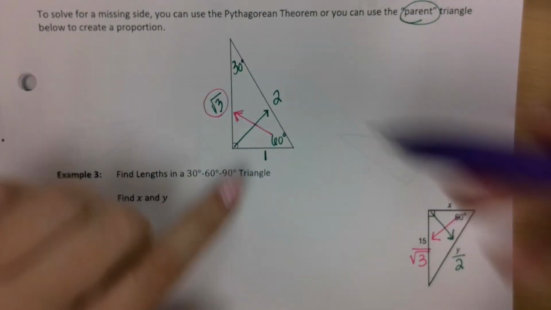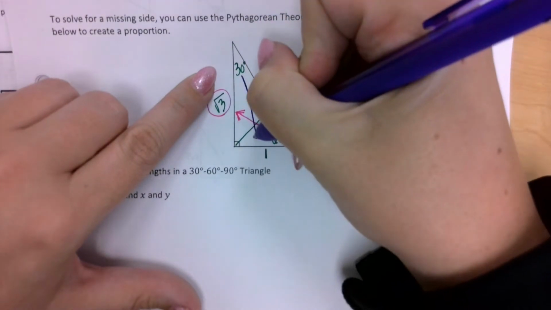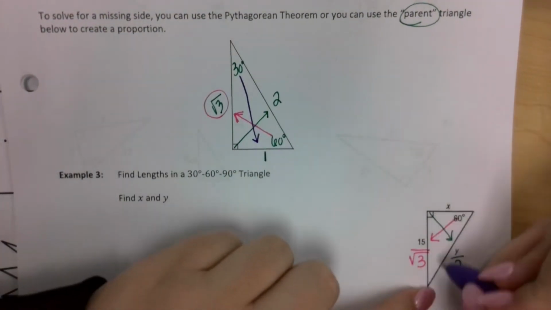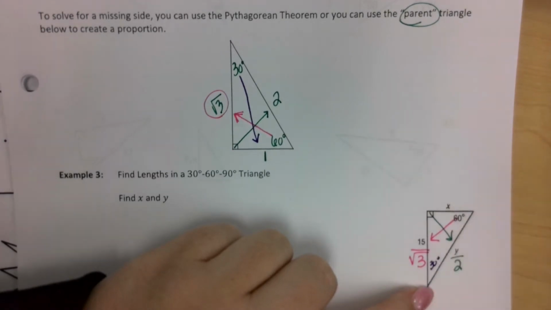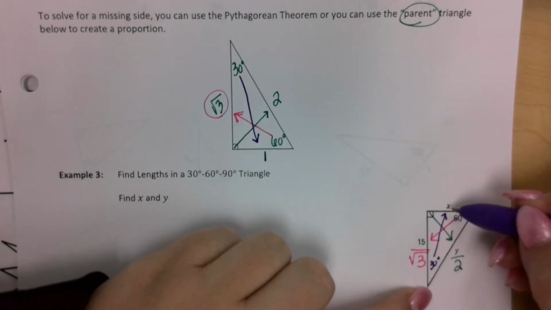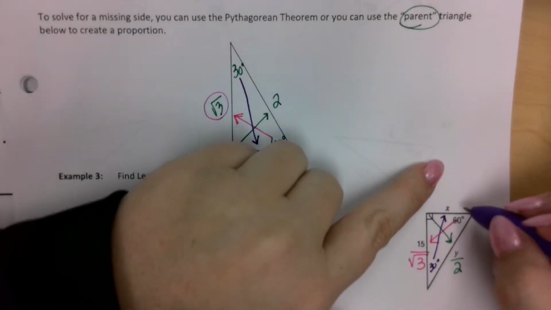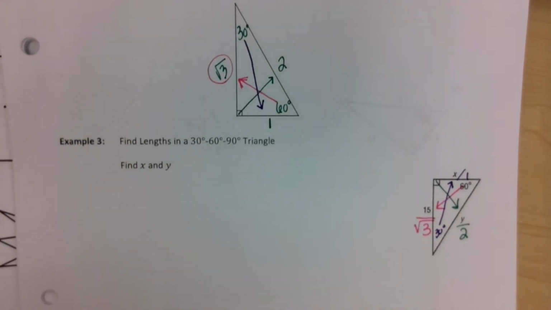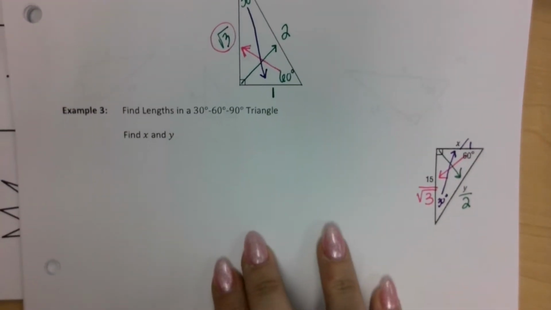Okay, now the 30 degrees is pointing to the 1. So if this is 60 and this is 90, that means this has to be 30. And the 30 degrees here is pointing to the x. So the 1 and the x are paired together, so I'm going to put the x over 1. Now we're going to set up our proportion.